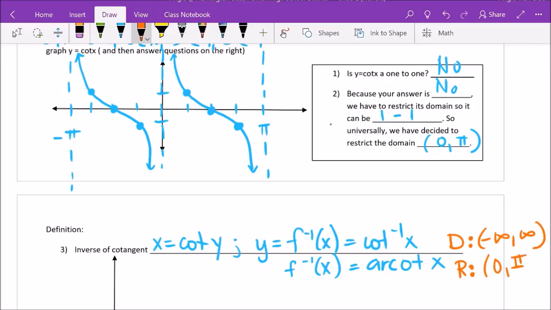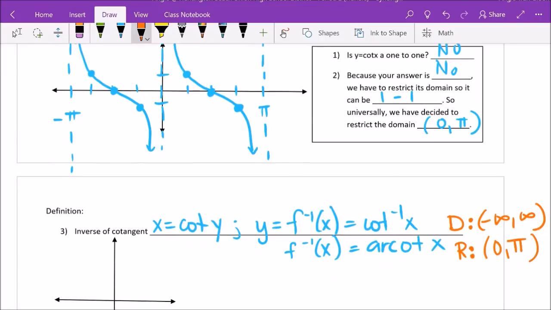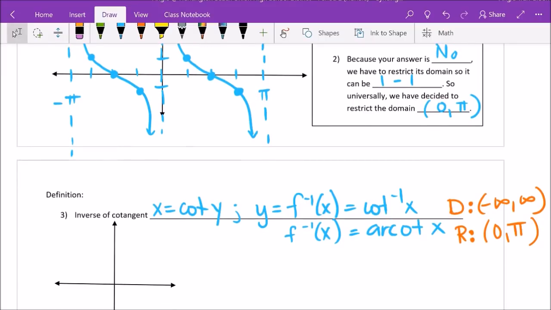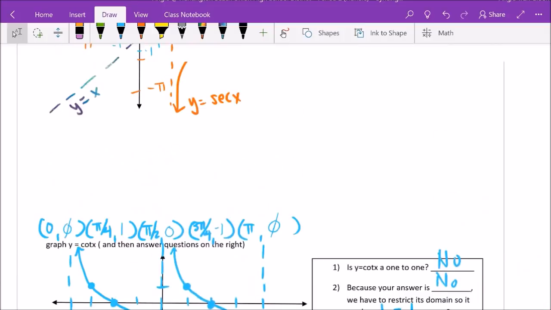Now, Cade, what is the range of our cotangent inverse? Yes. Okay. I'm sorry, over pi. Oh my gosh. He said pi. I just wasn't listening. All right, quadrants. Is it 1 and 4?